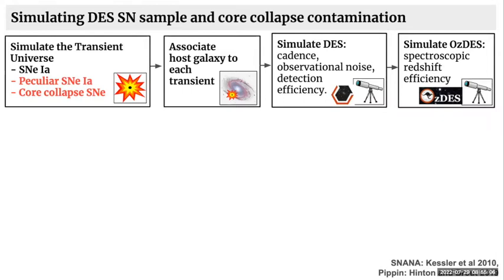And then we apply also the selection efficiency that is associated to our spectroscopic redshift survey, which is also DES. These last two steps are very well modeled, because we have tried to learn very well how our surveys work and how efficient they are.